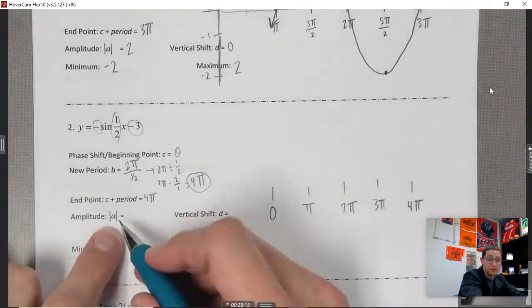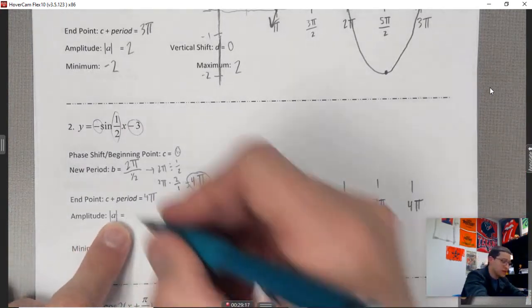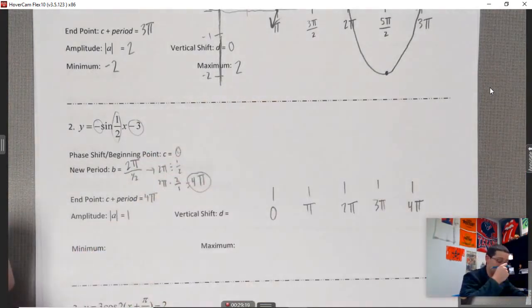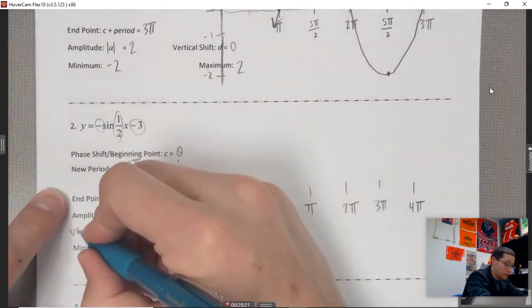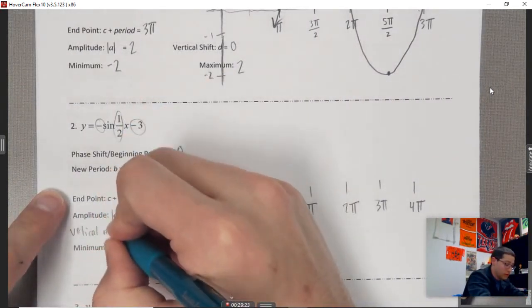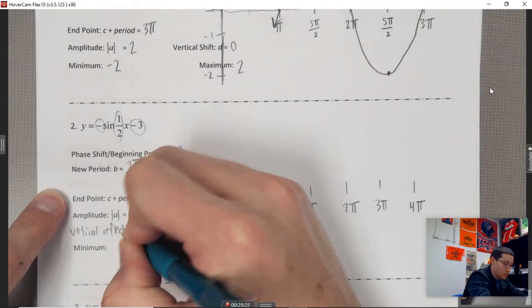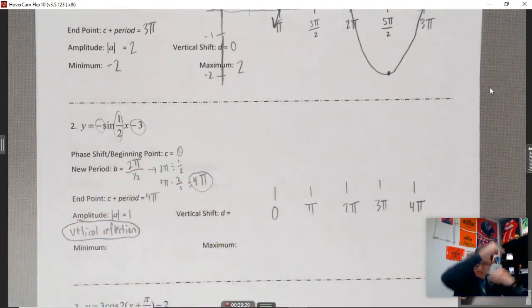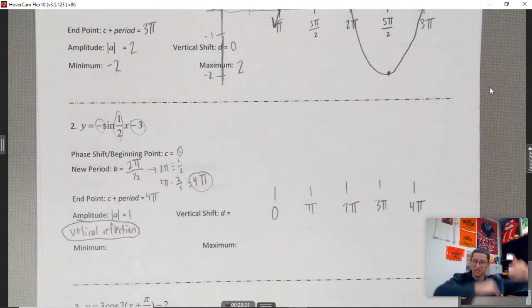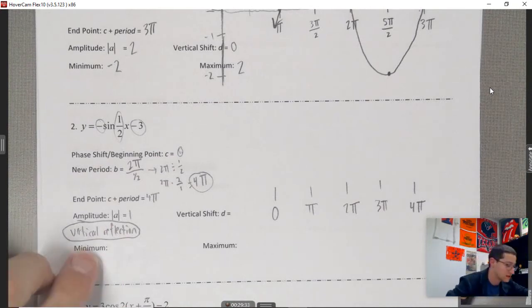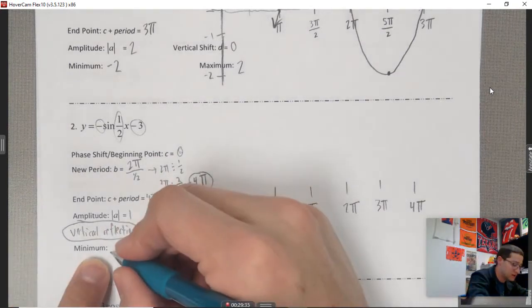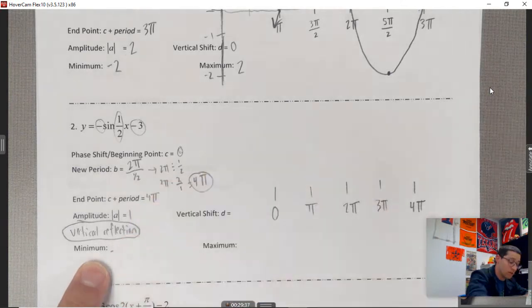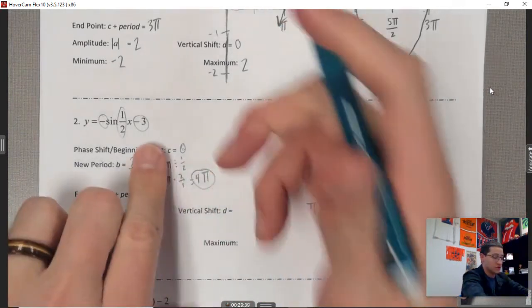Amplitude. Does the amplitude change? Well, no, technically the amplitude doesn't change, but we do have a vertical reflection, so we want to make sure we remember that. The distance doesn't change, but it does change in the fact that we flip it across the x-axis. We have to be careful because we have a shift.